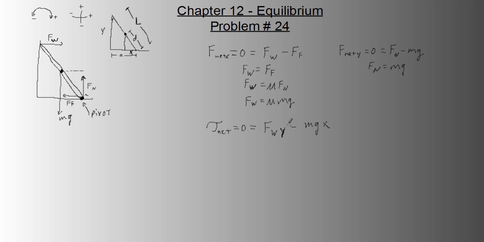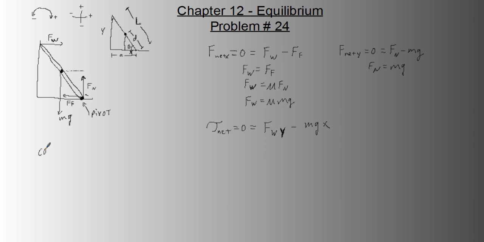Alright, so we can figure those y and x lengths out pretty easily. One way to do it is, well, we can find this angle and use SOHCAHTOA. So what is that angle? We have L and we have A, so that angle is pretty easy to find. You just use cosine.